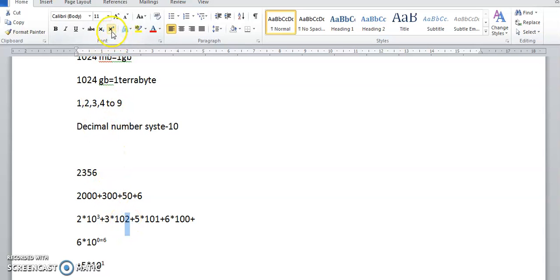In maths, we already learned what superscript and subscript are. So this is called the base value. Why am I writing 10 here? Because this is a number in the decimal number system.